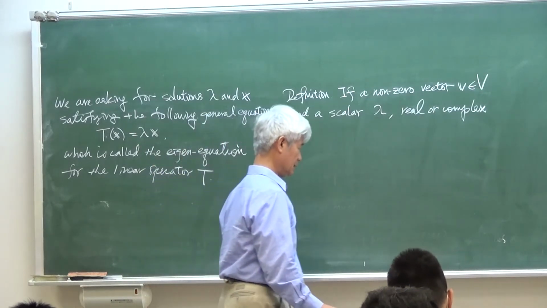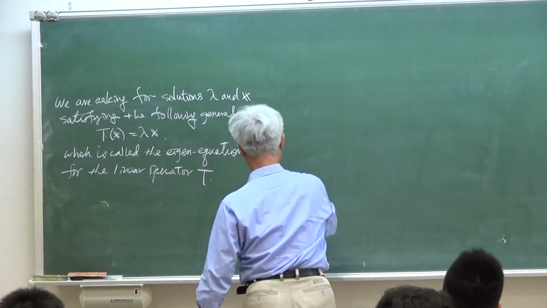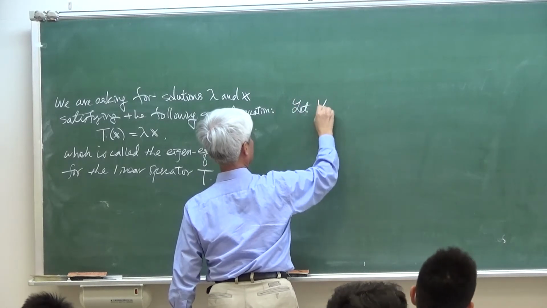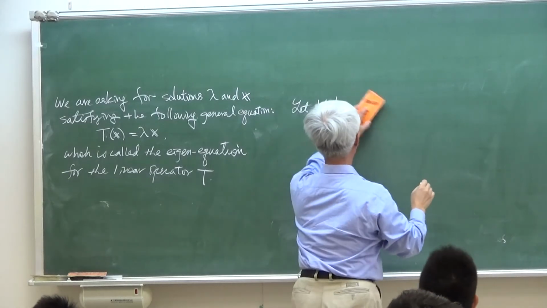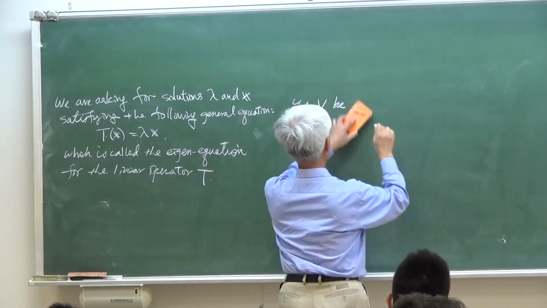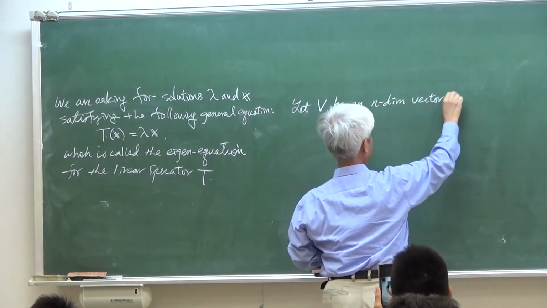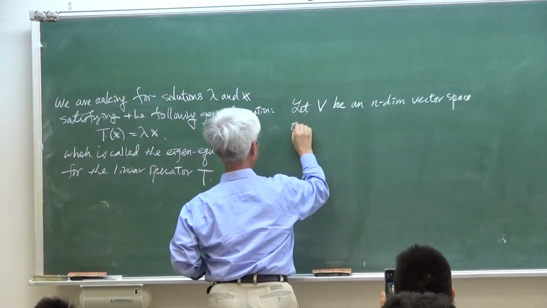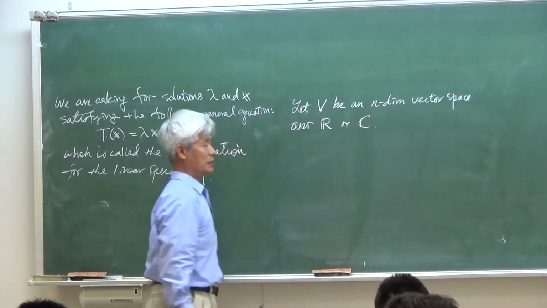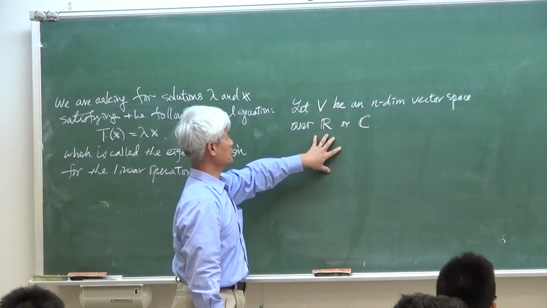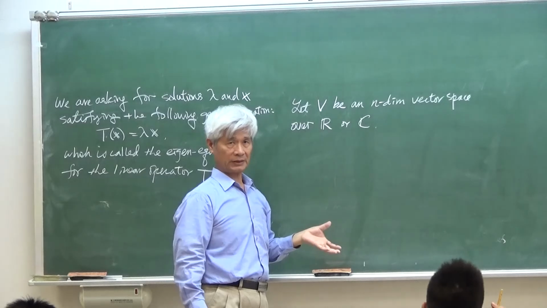Oh, by the way, I think I have to do something before I make the definition. Let V be an n-dimensional vector space over R or C, so the coefficients can be all real numbers or the set of complex numbers.